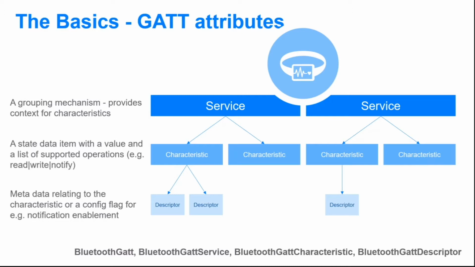They allow us to do things like switch on or off notifications, or they provide metadata which further describes the characteristic in some way. So as you can see, you have a bunch of Android classes which represent these attribute types, and the BluetoothGatt class, which provides a kind of facade API to the various operations that you can invoke. Now, GATT itself is a technical term.